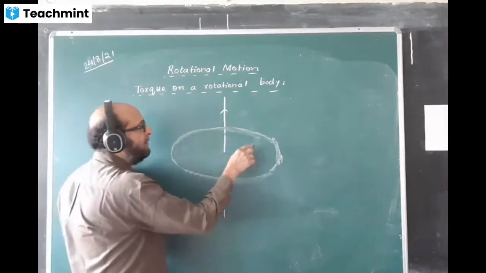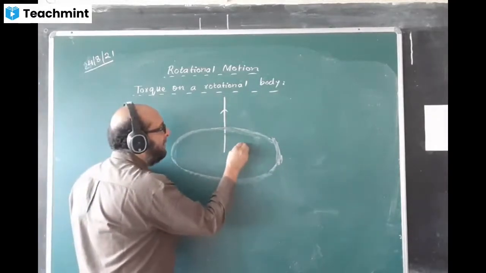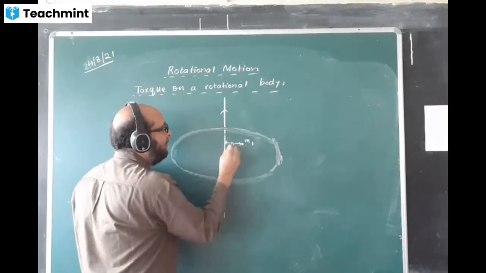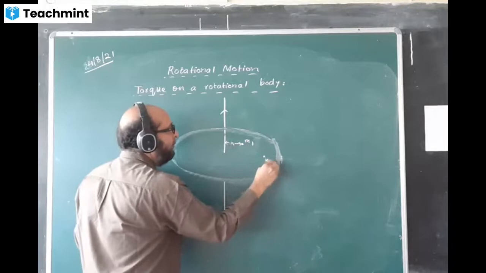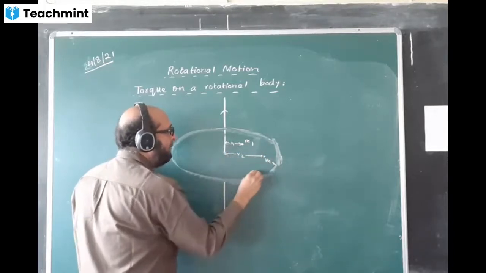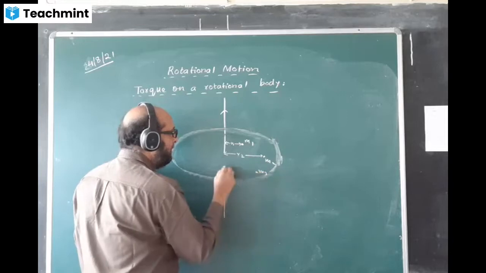This body must consist of many particles. I'll mark them. Write M1. The distance of this particle from the axis of rotation is R1. I'll take another particle M2, with distance R2. Another particle is M3, with distance R3 from the axis.